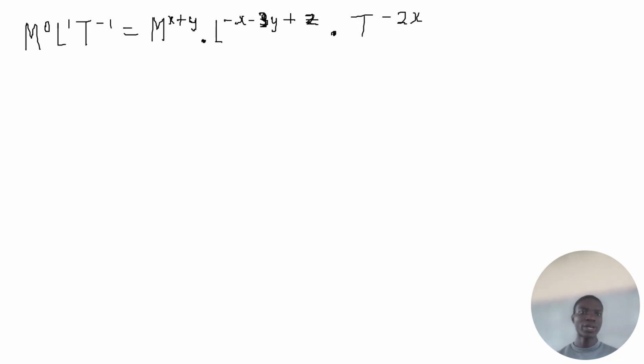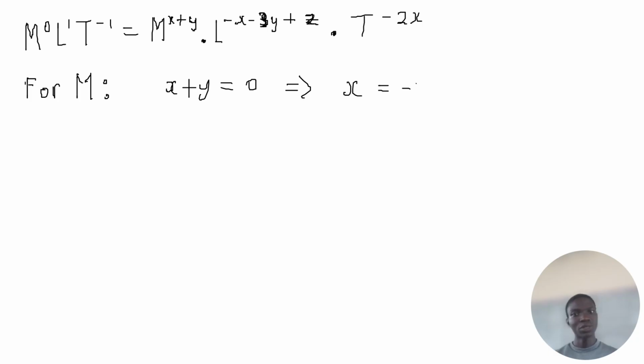So this is what we have, and just like I've said, we are going to compare the two sides of the equation, equation 1 and equation 2. For M, if we compare the exponents of this and this, you should agree with me that we have x plus y equals 0, and this implies that x equals minus y.